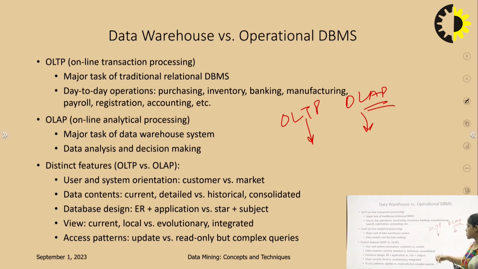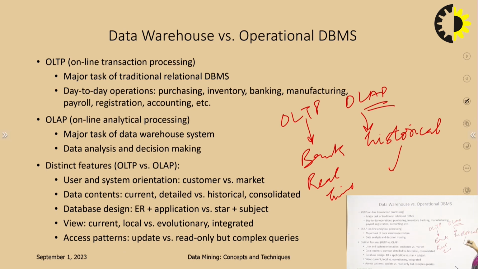In online transaction processing, the online transactions of bank accounts are considered. It is real time, and OLAP is performed on historical data. So this is the main difference between OLTP and OLAP.